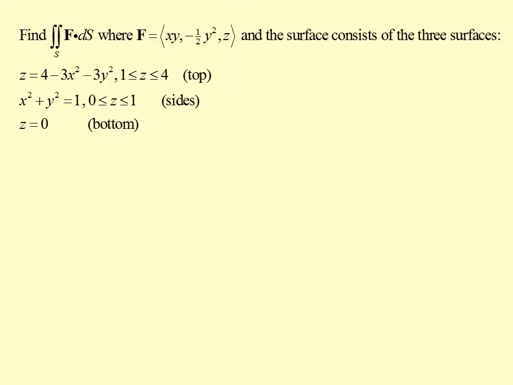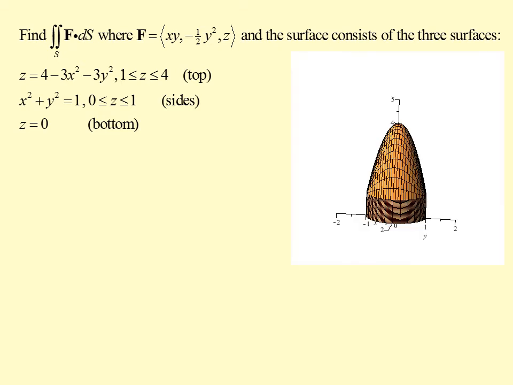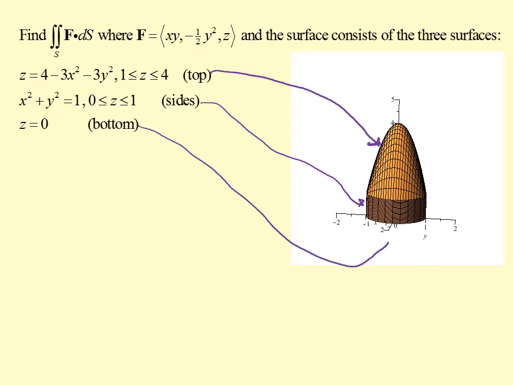Now here's a little more challenging one as far as the integral is concerned. The solid that's described here, as you can see, has a top that is a paraboloid. The sides are the cylinder. We can't see the bottom, but as you can probably imagine, the bottom of that cylinder would just be a disc.